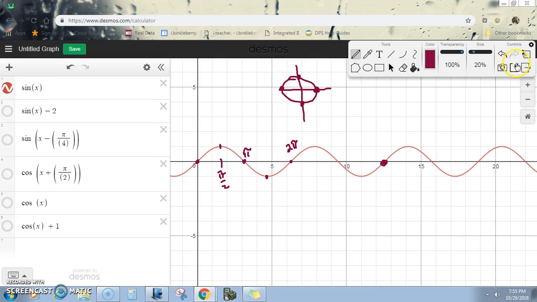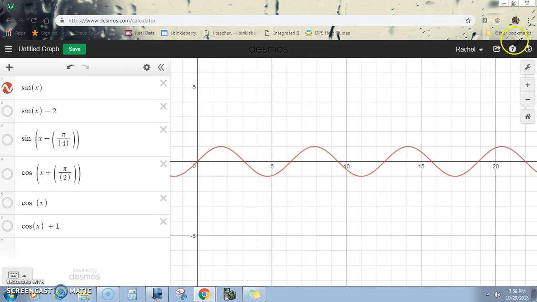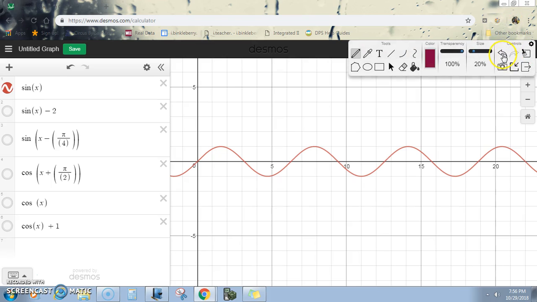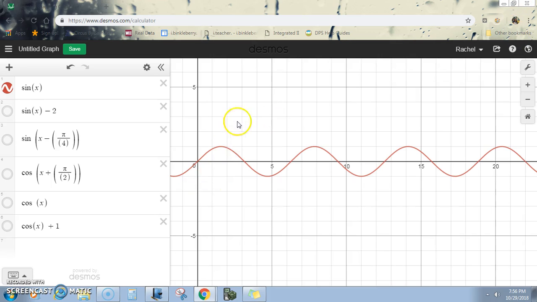Some other important things are, let's just close this whole thing down. The other things that we want to look at are, if you click on Desmos, you can see there's pi over 2 and 1, right?